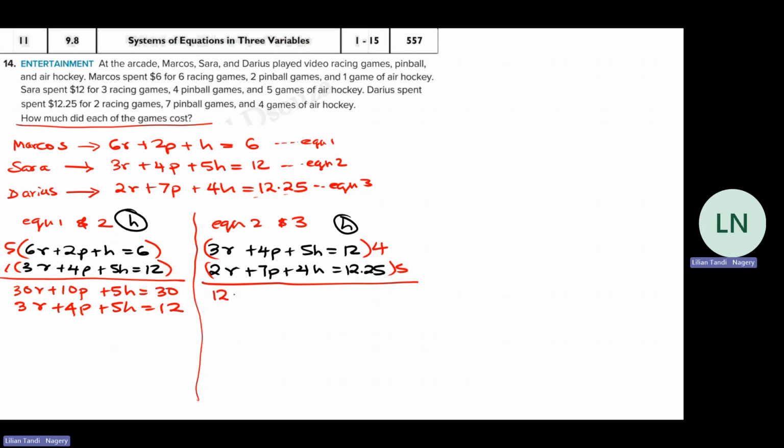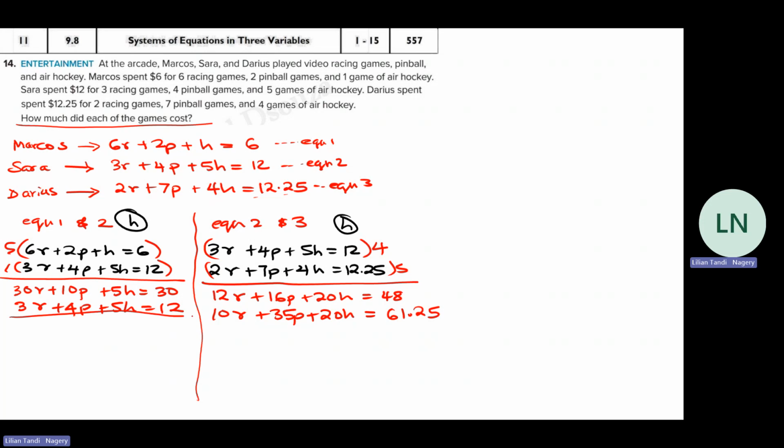So this will be 12R, 16P, 20H, 48. This will be 10R, 35P, 20H, and that should give you 61.25. Okay?